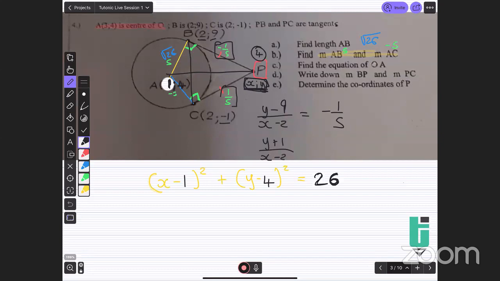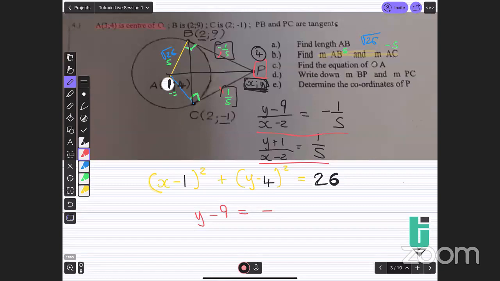Do you agree that we don't actually have to worry about the denominator, because the denominator is the same? It doesn't change. So we could just say y minus 9 equals minus 1.